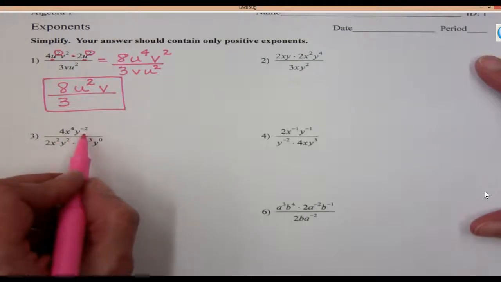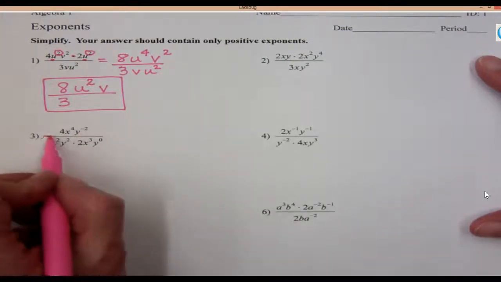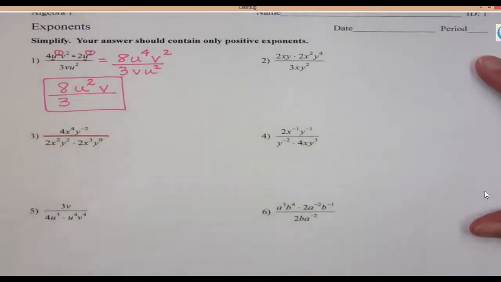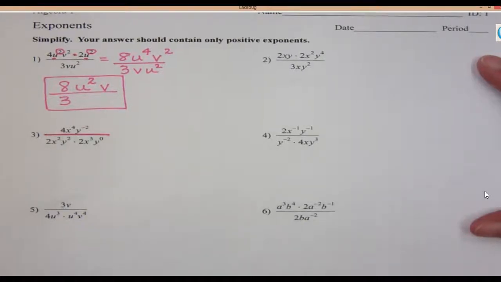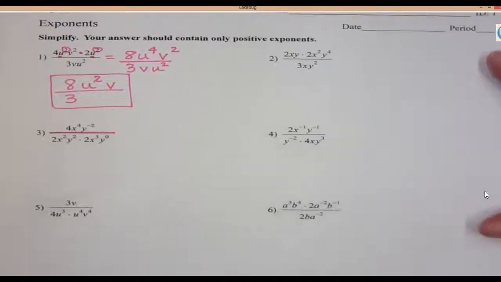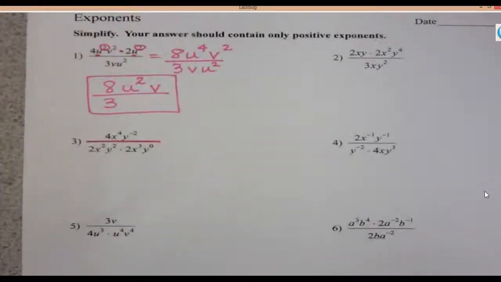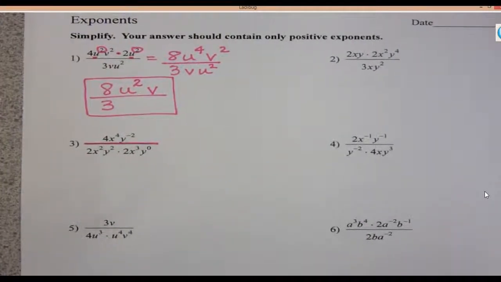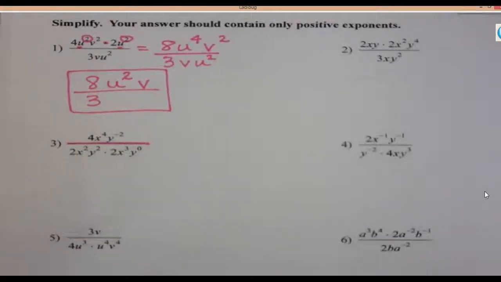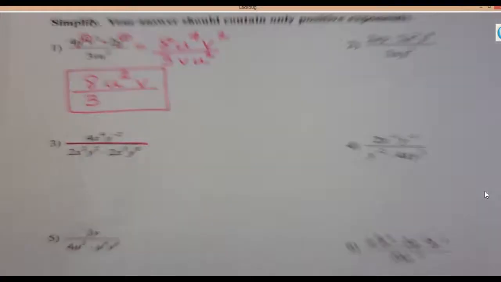So now I've got a negative exponent. I know this line is the battleground. That negative exponent, I'm going to zoom in a little bit. That negative exponent is a traitor, and he is in the wrong place. He needs to be on the other side. Okay?